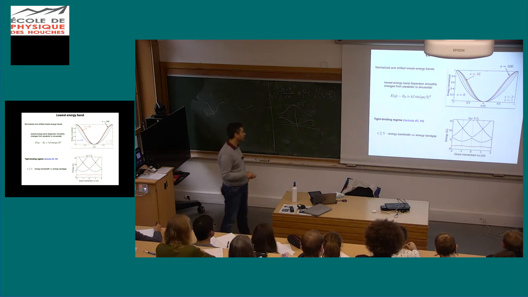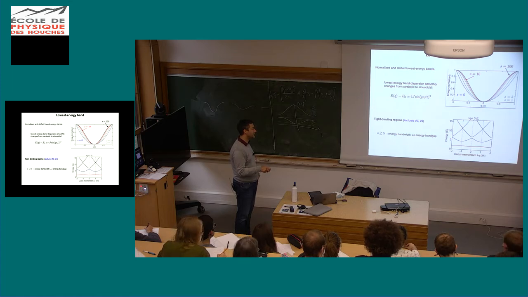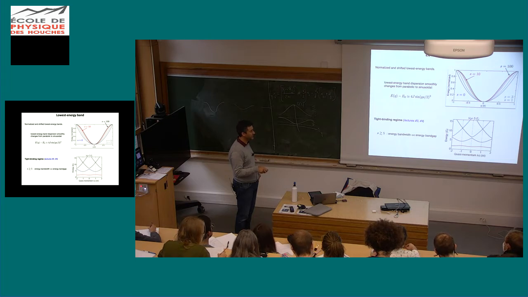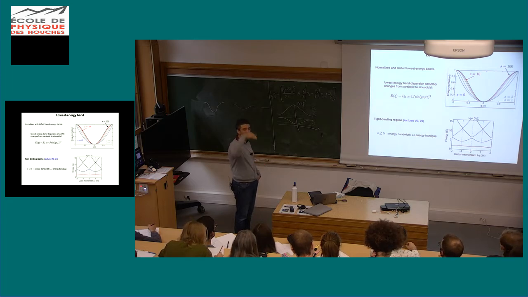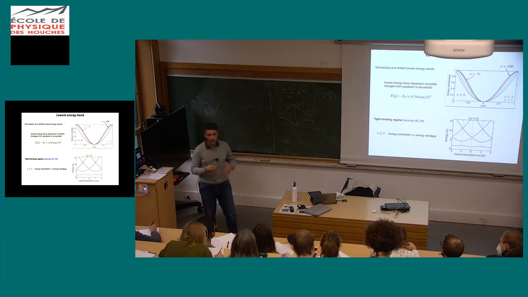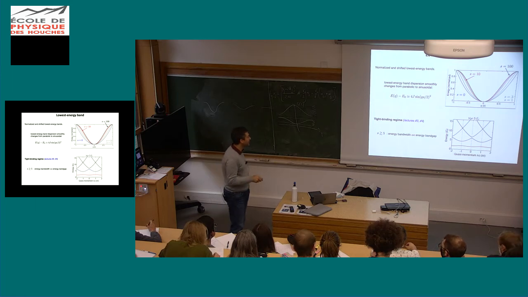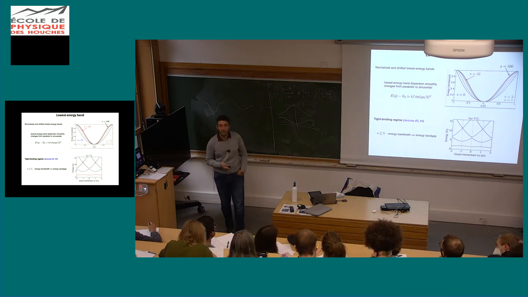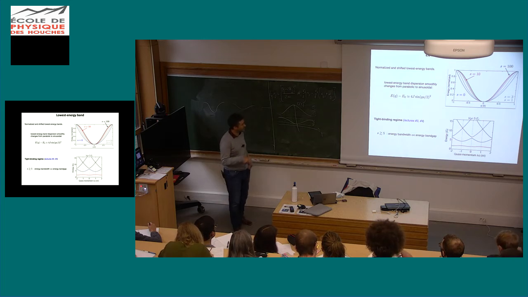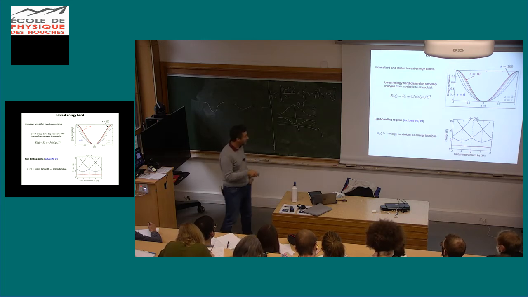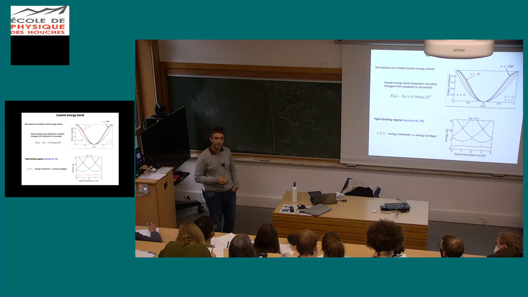Therefore, it is relatively easy, if you want to play with atoms, to load them in this lowest energy band and completely neglect any excitation to the higher bands, because it's really far away. This is what we call the tight-binding regime, and we will be discussing this afternoon the case of bosons, and on Monday a bit the case of fermions in this regime of deeper optical lattices.